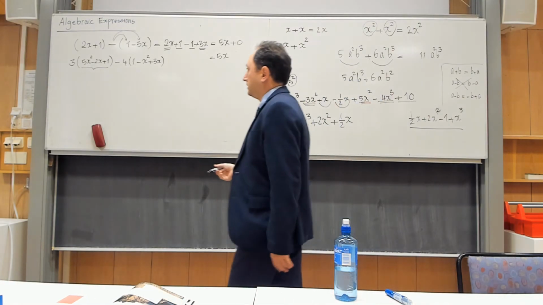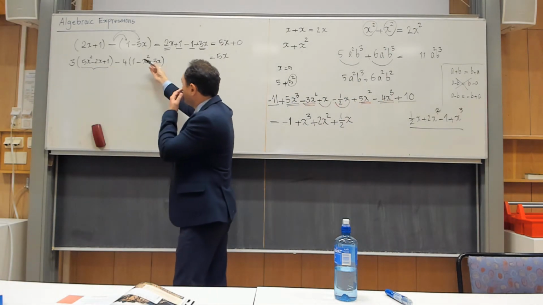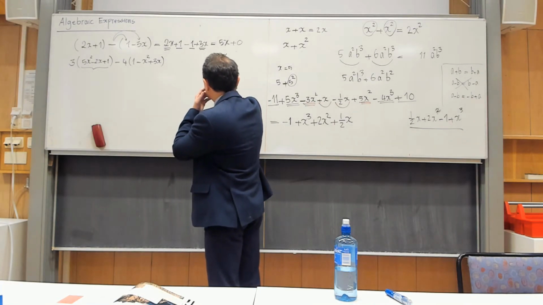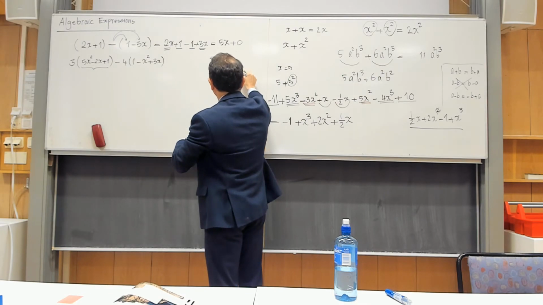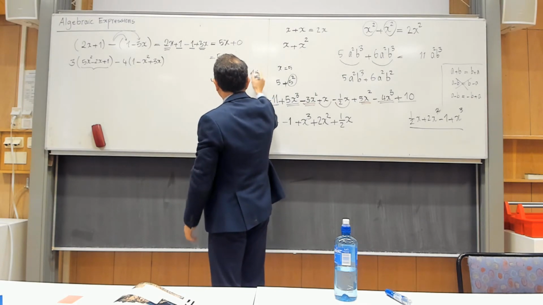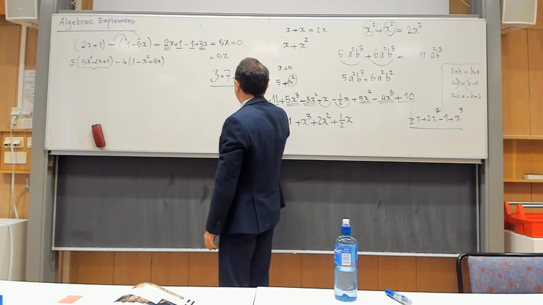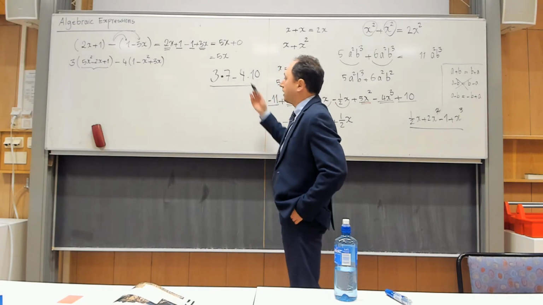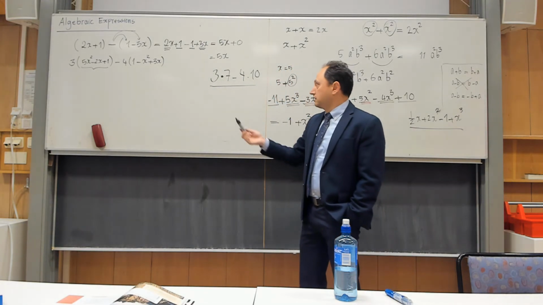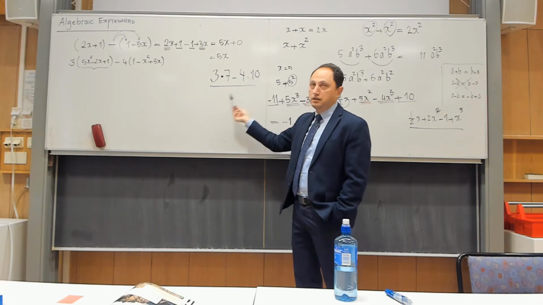The structure of this is similar to 3 times 7 minus 4 times 10. I don't believe any one of you cannot solve this. If I ask you to calculate this, how do you calculate it? Definitely you will do this multiplication first, and then subtract.